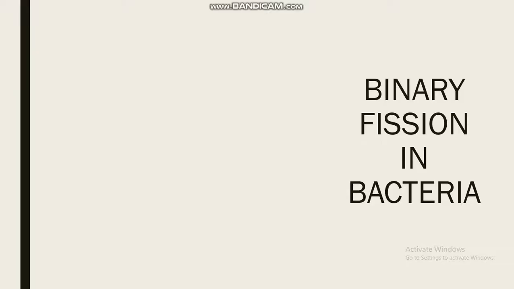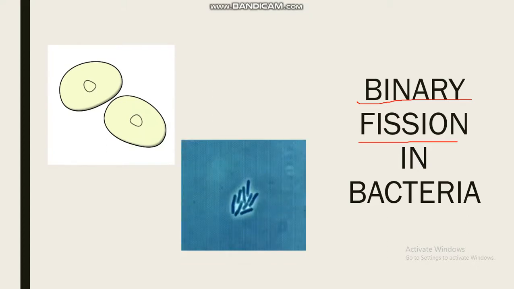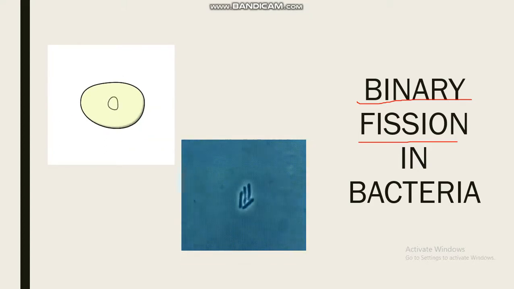So how is it that bacteria is in such abundant quantities on Earth? Do you remember how much they are? Go back and you can see how much they are. Bacteria divide by a process called binary fission. What is this process? Look at these images. What do you see?